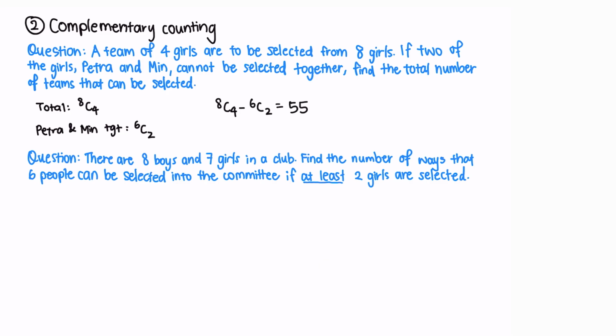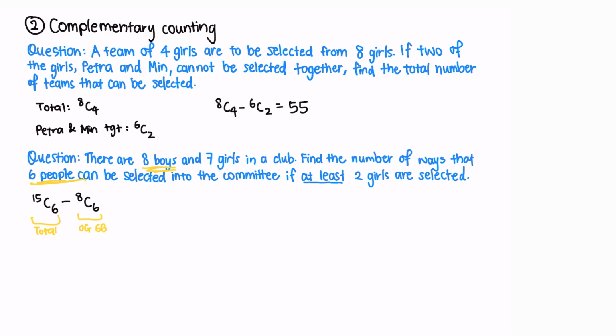So let's do this. We want the total, which in this case is 15 choose 6. We don't care who is being chosen in a club. We just want 6 people out of these 15, either boys or girls. And then we'll take minus 8 choose 6 for just 0 girls, 6 boys. Why? This is because we are choosing 6 of the 8 boys.